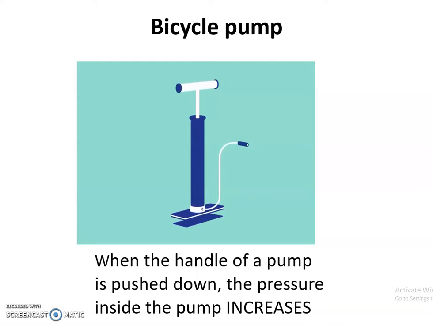When you are pushing the handle of the pump down, the pressure increases and the volume decreases, so the air escapes out of the pump. Isn't it an interesting example?